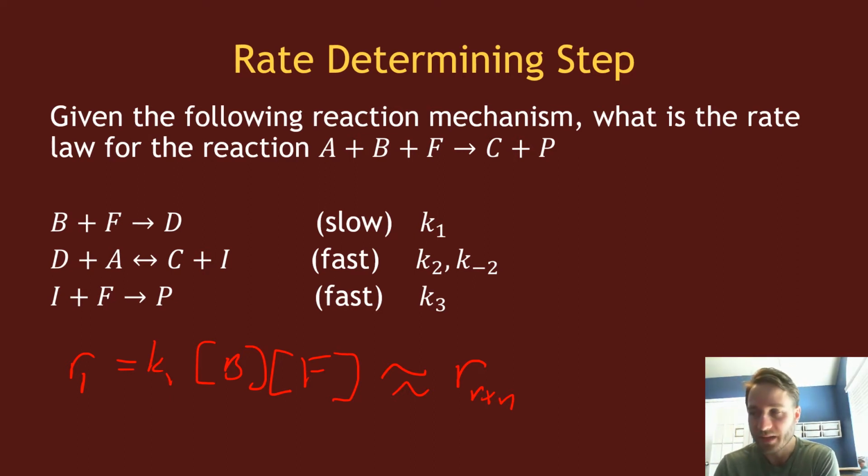And so the main question is, is that slowest step going to be one that has intermediates in its rate law or not? If it does, then we maybe need to use other approximations to get the final one.